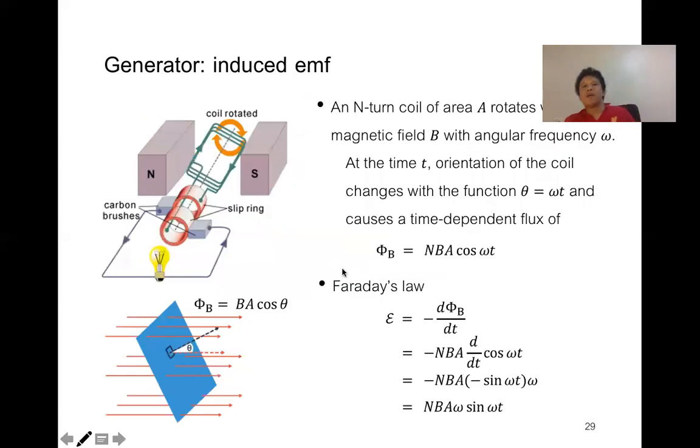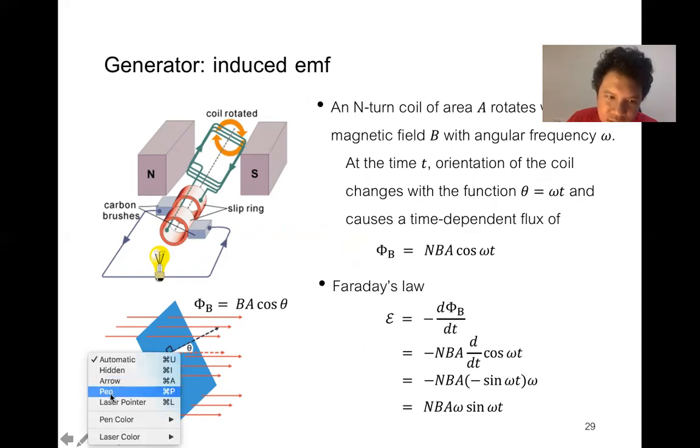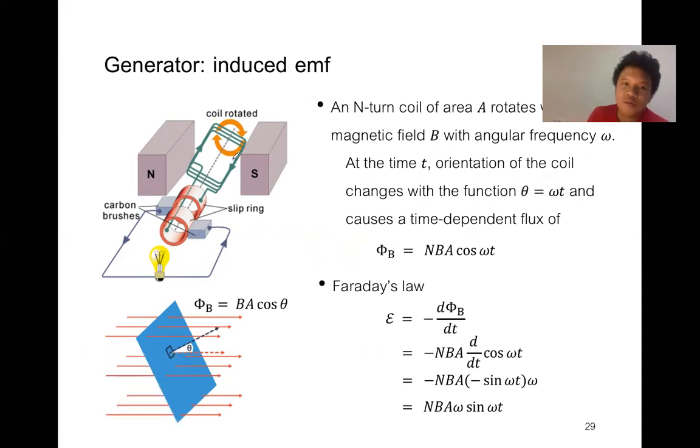Okay, so when we try to use Faraday's law once again to calculate the EMF from the generator, firstly we try to define the electric flux. I start with vector A, and I have the vector B of the magnetic field.